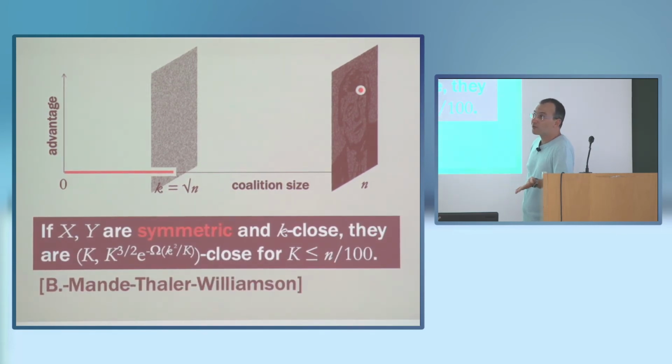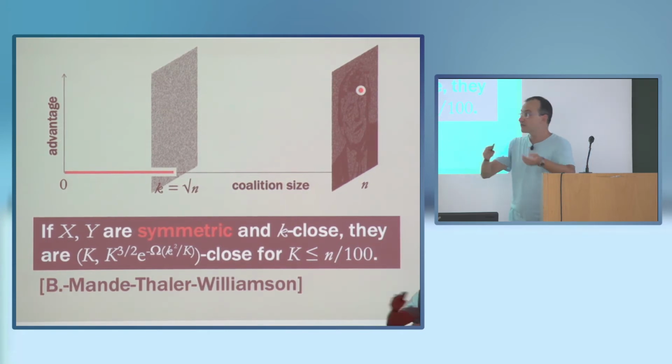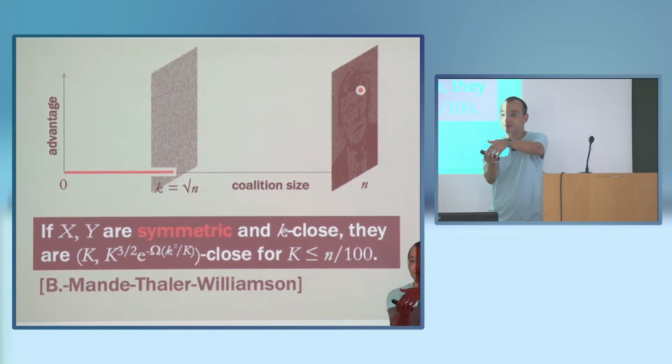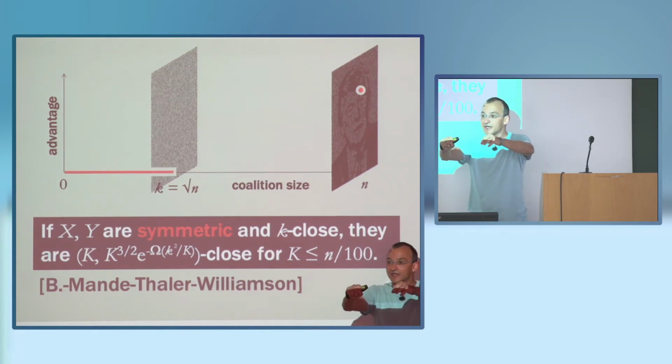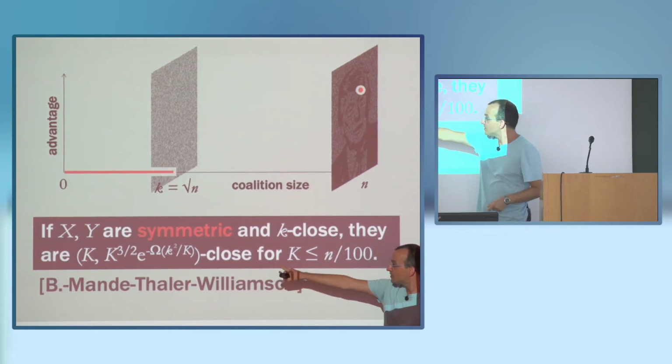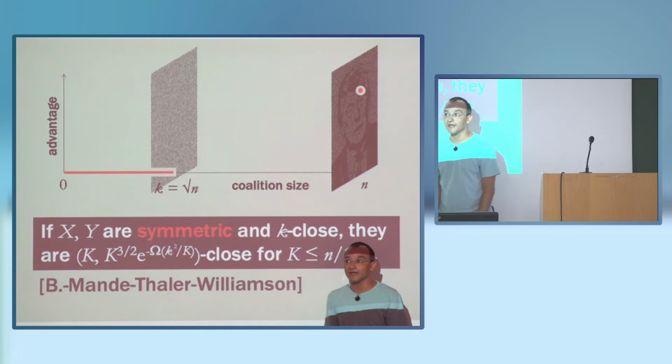And again, it's a more general statement. It says that if I take not only the shares of 0 and 1, but any two symmetric distributions that are locally indistinguishable, perfectly indistinguishable up to k bits, and now I go past k, to k plus 1, k plus 2, the distinguishing advantage goes like this.